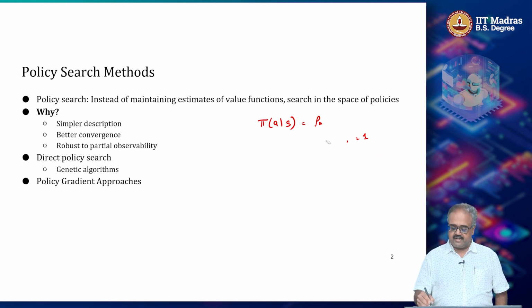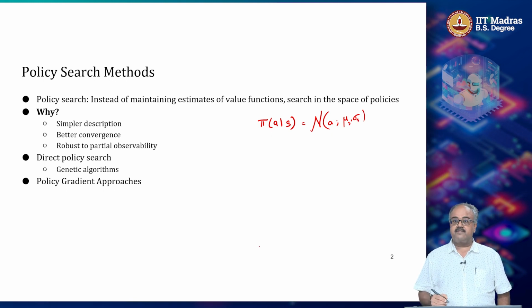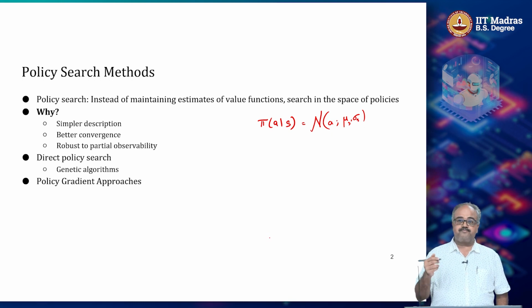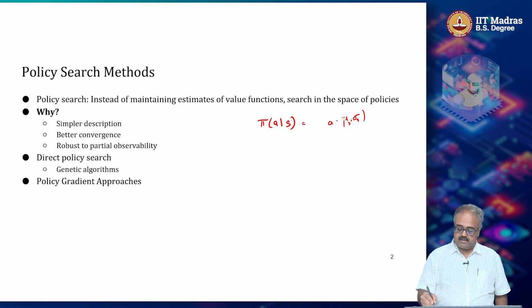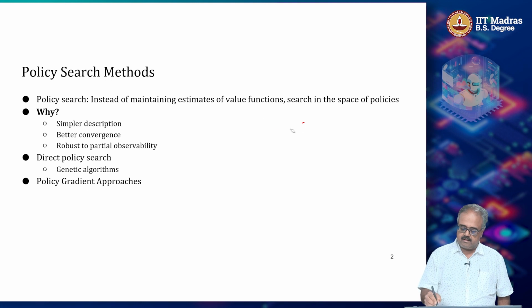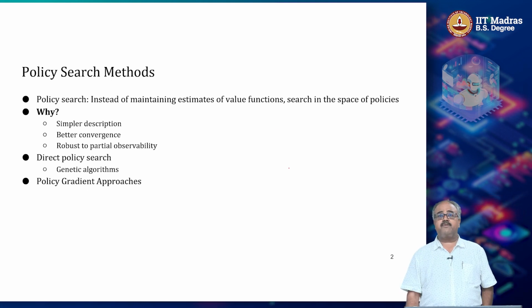Or we could keep this as some kind of a Gaussian with mu comma sigma, where mu s and sigma s are the mean and the variance of the action, and then this gives me the probability that I'm doing action A when sampling from a Gaussian. There are many ways in which I can directly represent a policy like this.